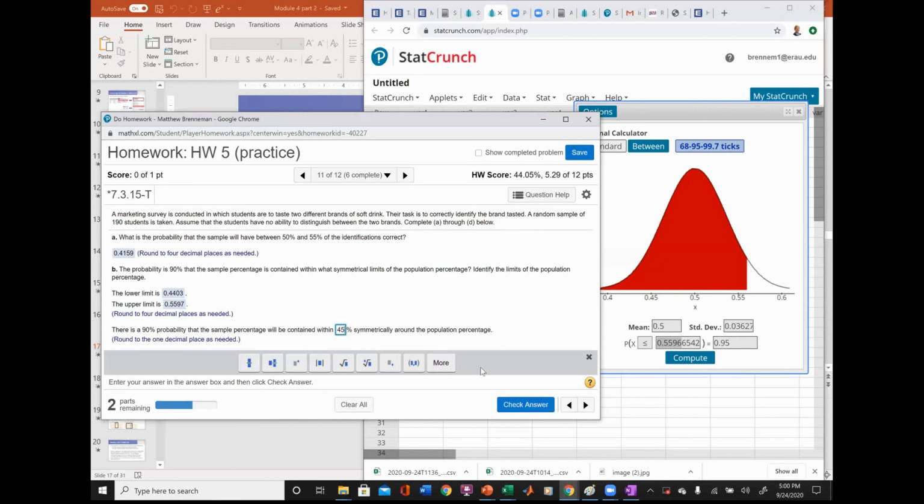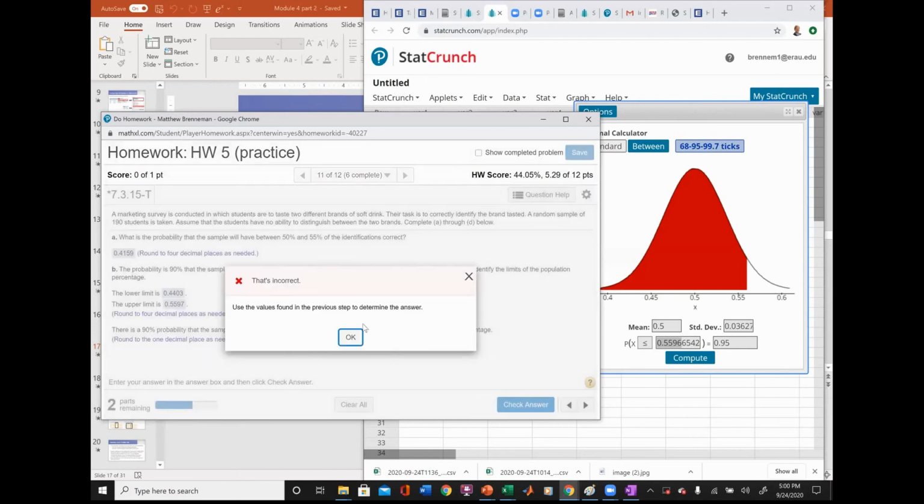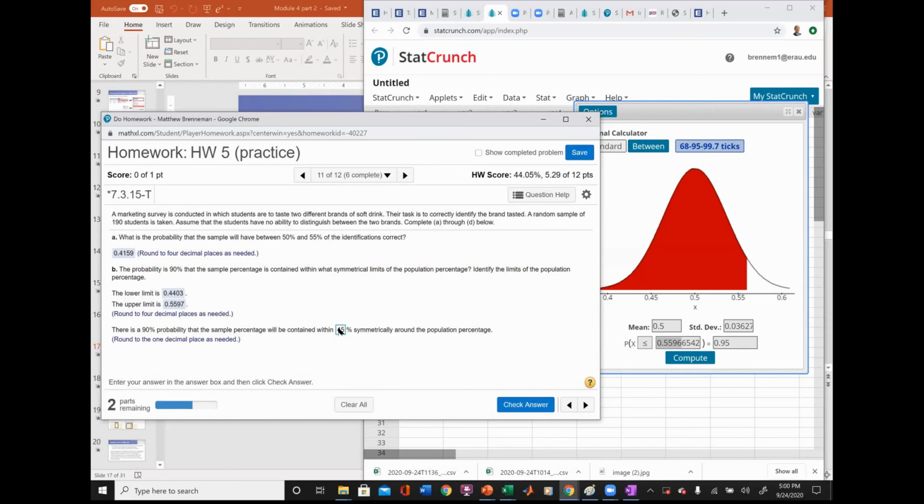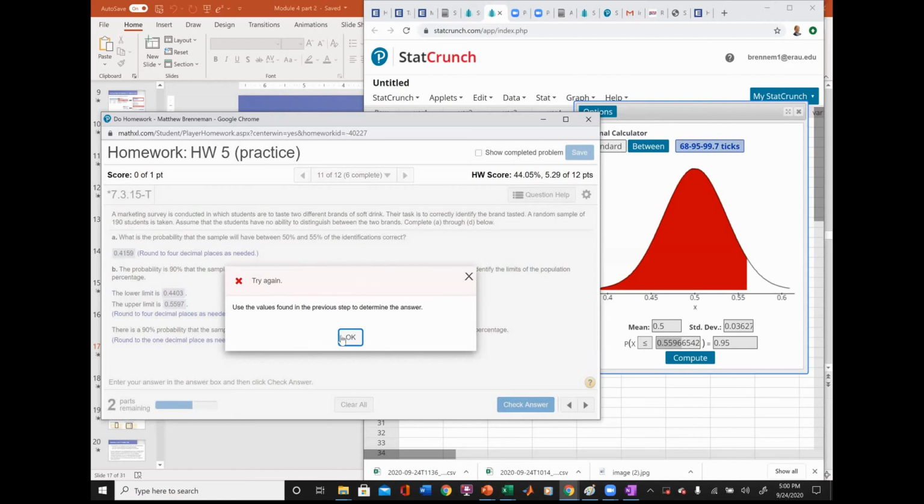They want the answer on the percentage on both sides. So, do they want me to answer the interval? Maybe the interval. Let me just try that. Round to 1 decimal point. I guess I'm just not sure what they're asking here. So let me just try the interval, although I don't think that's what they wanted.